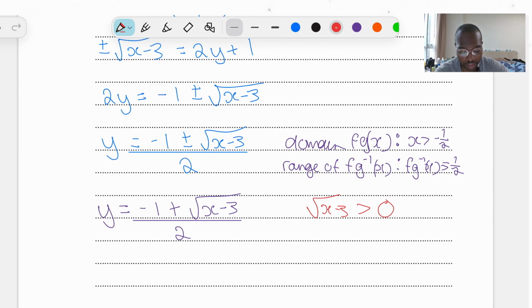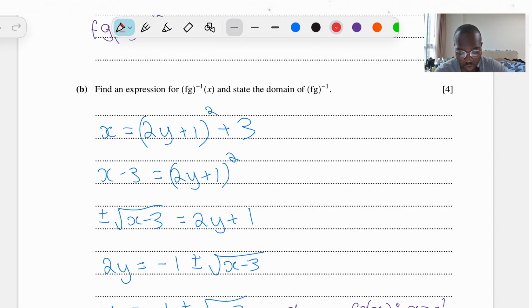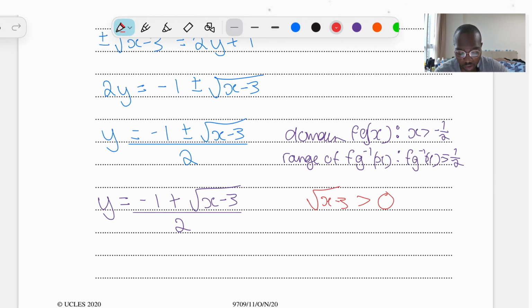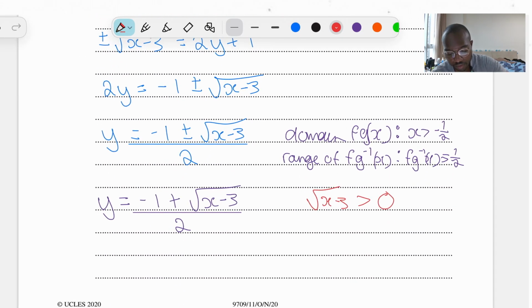And now for the last bit, the question says we need to state the domain of (fg)⁻¹. Well, similar to what we just did, in the previous question we know what the range is. We know that the range of f(g(x)) was when f(g(x)) was greater than 3. So therefore, the inverse domain would just be the exact same.